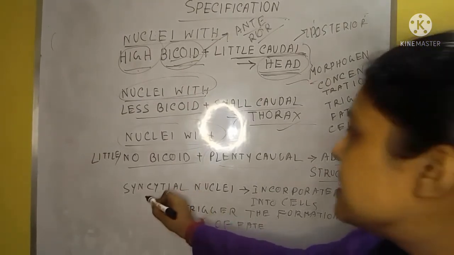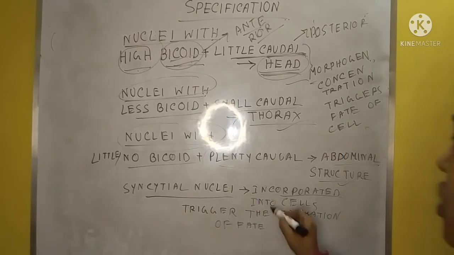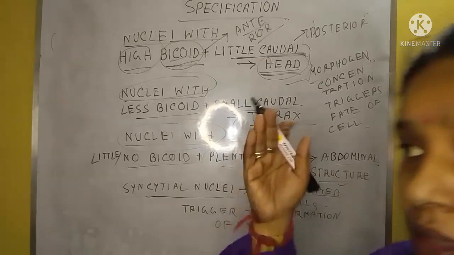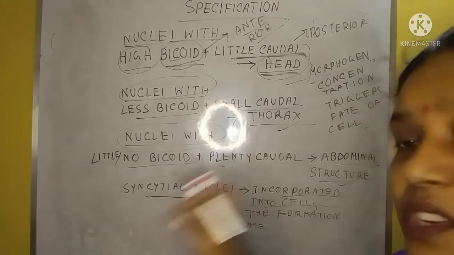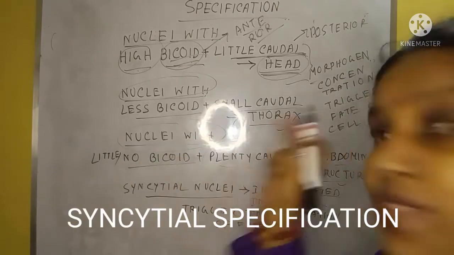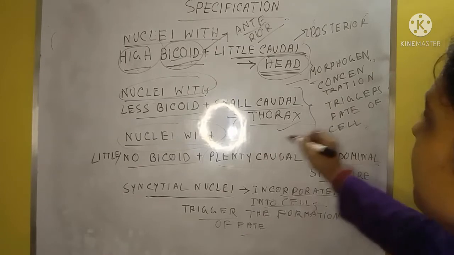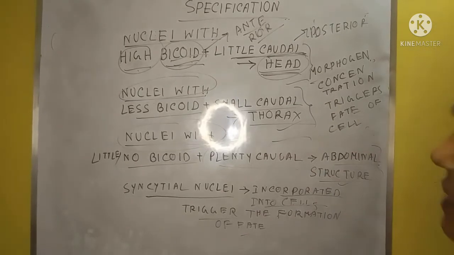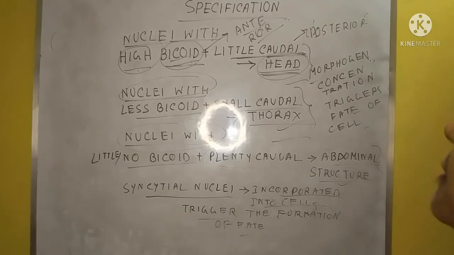So here the syncytial nuclei are incorporated into the cells. The nuclei present within the cells generally trigger the cell of that part to form the particular part of the body. Clear? And this is the syncytial specification.